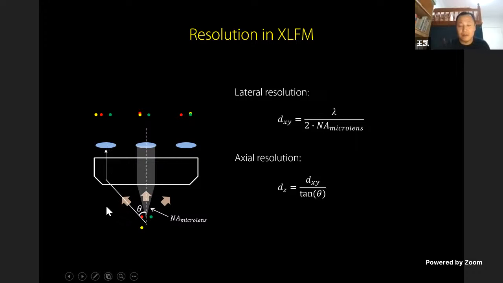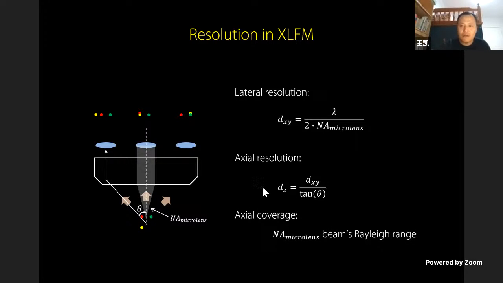And apparently, this resolution cannot be maintained over the whole volume. It is only maintained over a so-called Rayleigh range of each beamlet collected by each microlens. So these 3 parameters fully describe the performance of a light field microscope.